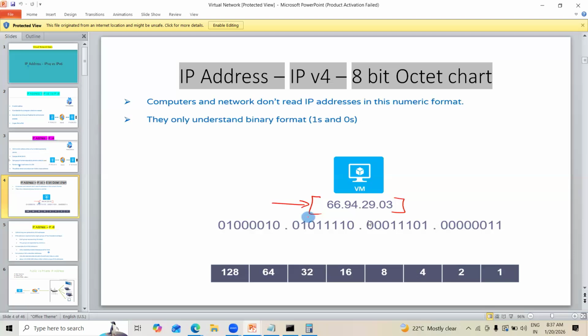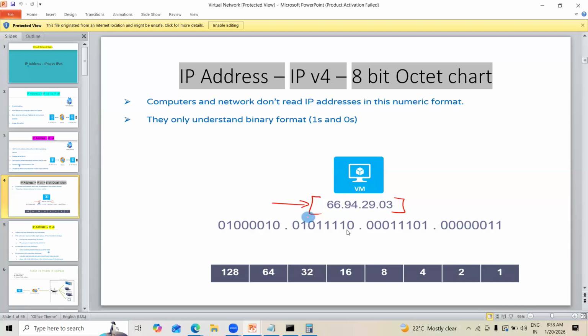These random numbers are assigned by specific devices we have in the backend. Your router, your Cisco routers, and many physical devices randomly assign IPs to your computer devices. What exactly happens in the backend is that the IPs are assigned, and the octet chart enables the specific bits.